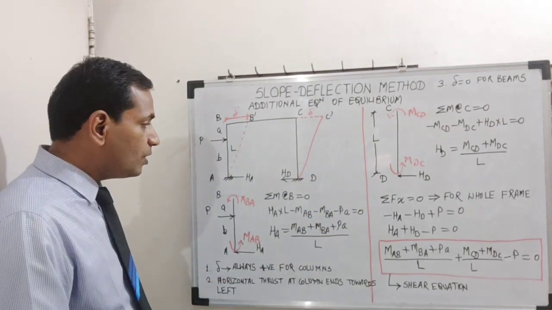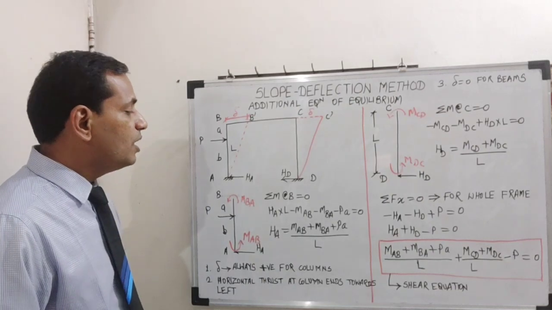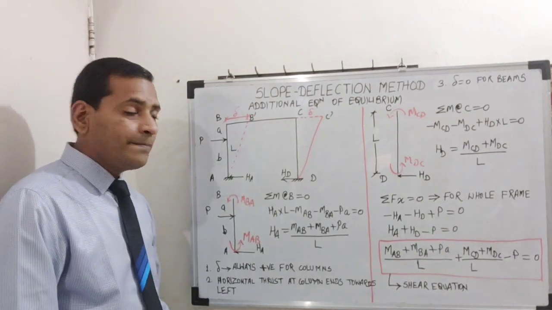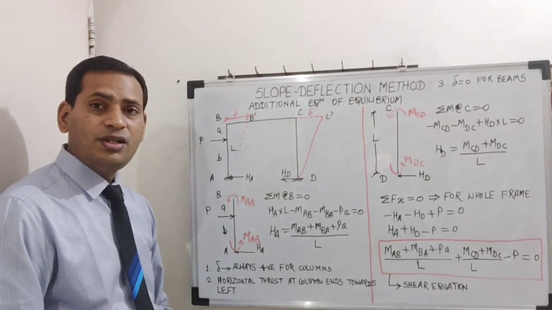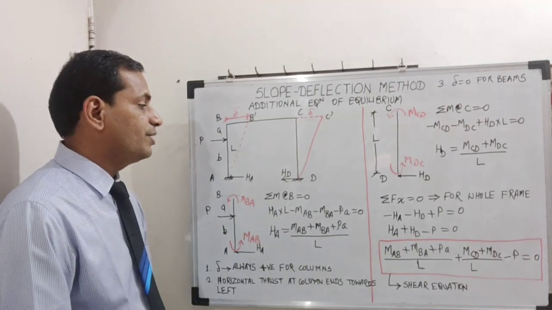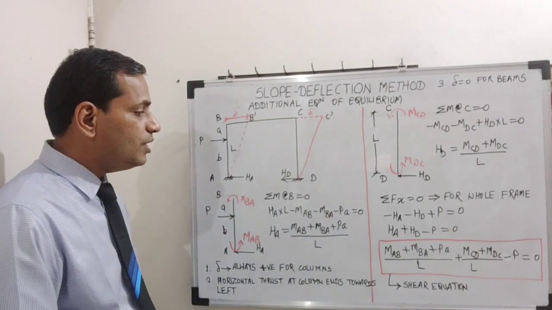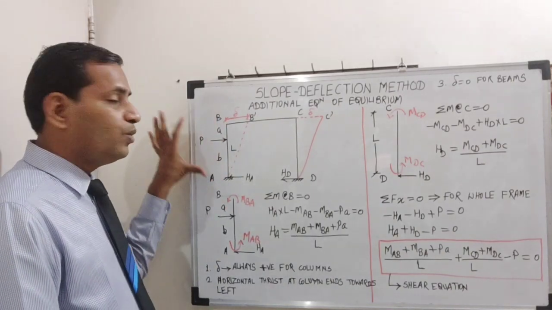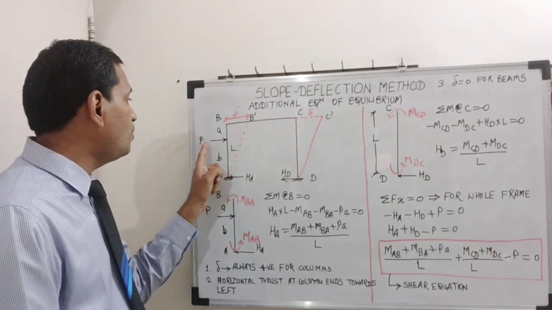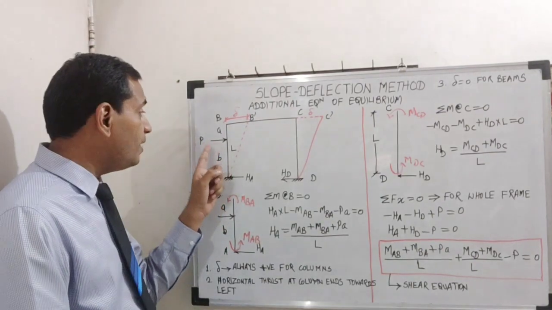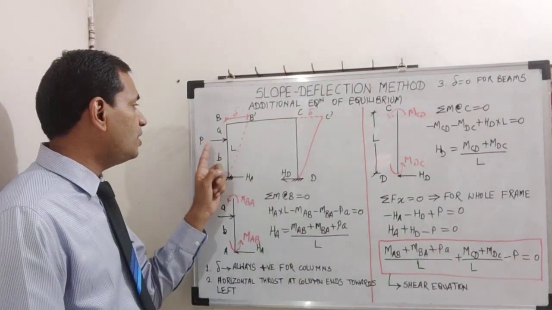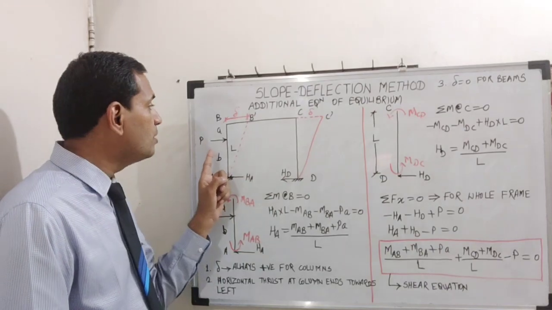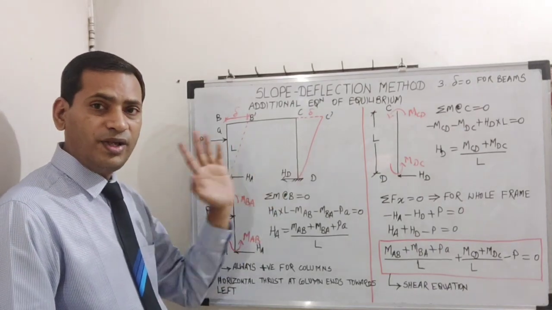Okay. Now considering these 3 assumptions, we shall see how the equilibrium equation will be formed. So we are going to see the shear equation. So this is the generalized loading. The unbalanced horizontal force on the sway frame is there, and because of this unbalanced horizontal load, the frame is going to undergo sway.